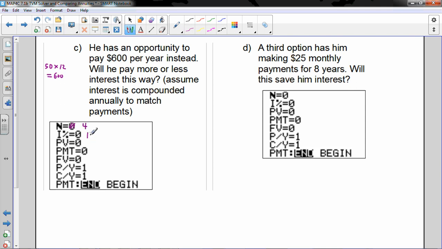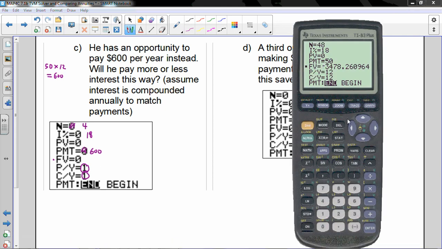The interest rate's still 18%. The payment here is going to be $600. The question is how much is there at the end? Well, one payment a year, compounding periods is 1. And so let's change this. Instead of monthly payments, let's have annual payments of more money, $600. And let's see how that works out for Ferd.